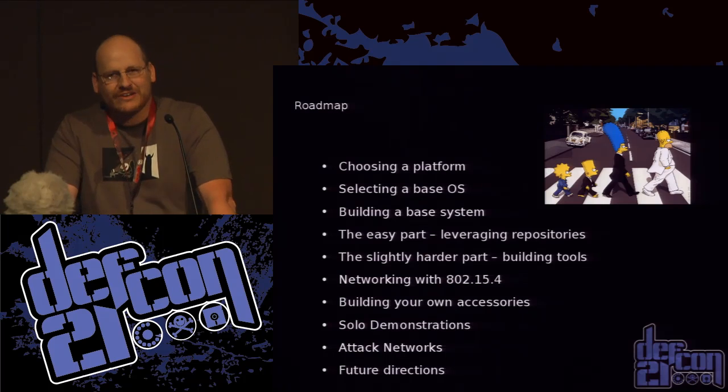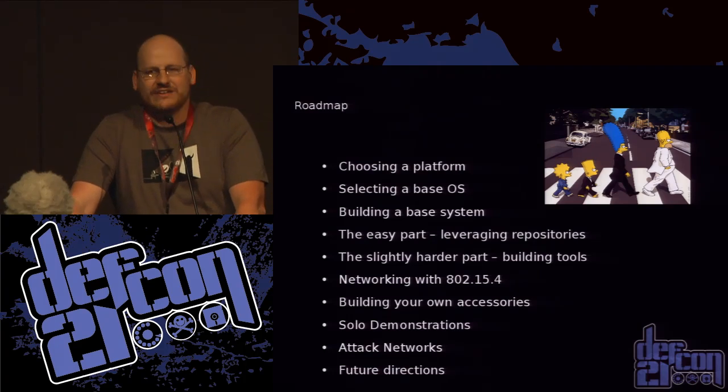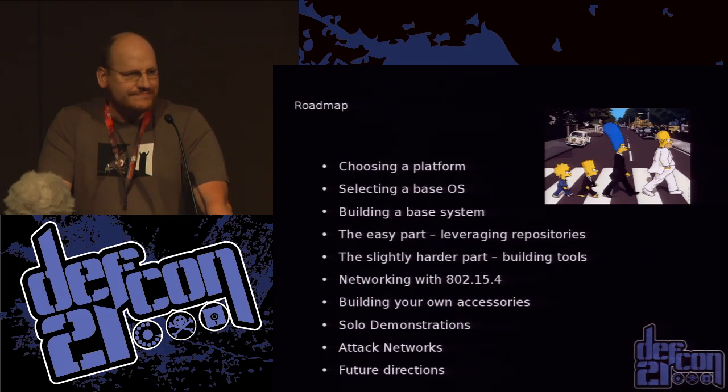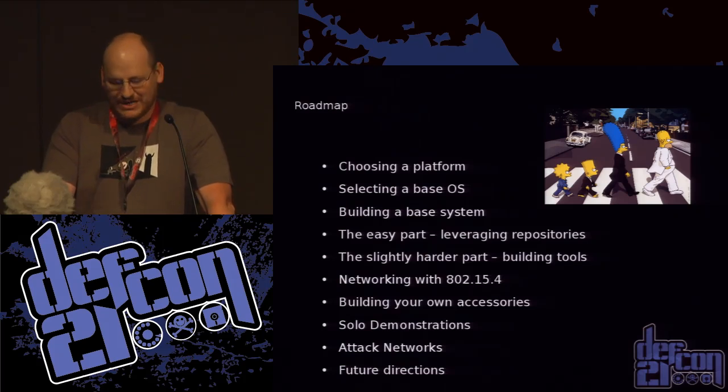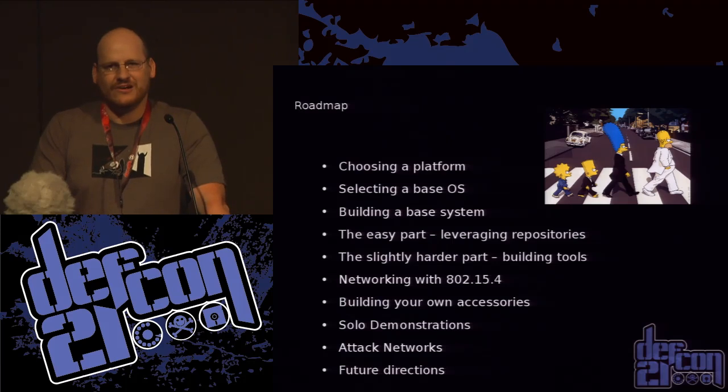What I'm going to talk about is choosing a platform that was appropriate, selecting a starting point, a base OS, building a base system, and then the easy part, getting some tools out of repositories and such, and also the harder part where you can't get things out of a repository.